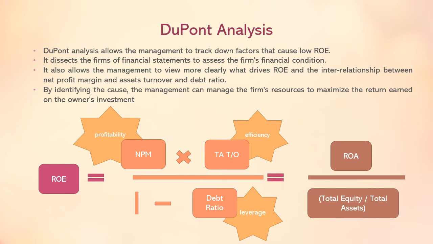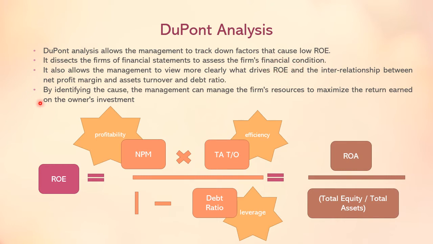So we can clearly see what drives the ROE and the interrelationship between the net profit, which is the profitability, asset turnover, which is the efficiency, and the debt ratio, which is the leverage. So we're going to see how profitability, efficiency, and leverage affect the firm's profitability.